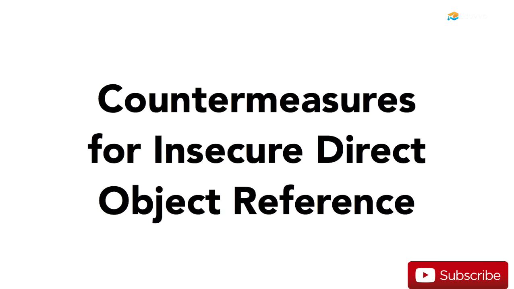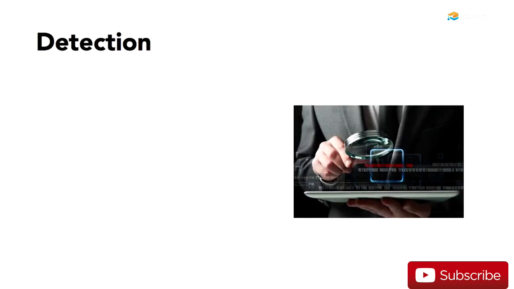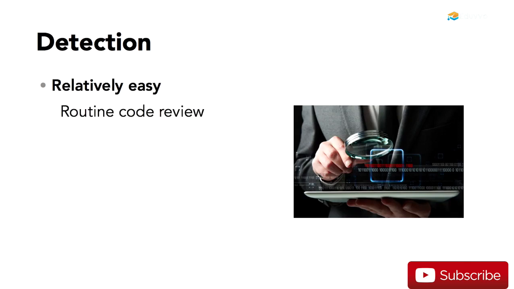The best way to minimize the possibility of introducing the direct object reference vulnerability is to test your source code. Luckily, spotting this type of vulnerability is relatively easy. A routine code review should be able to detect most of these vulnerabilities.